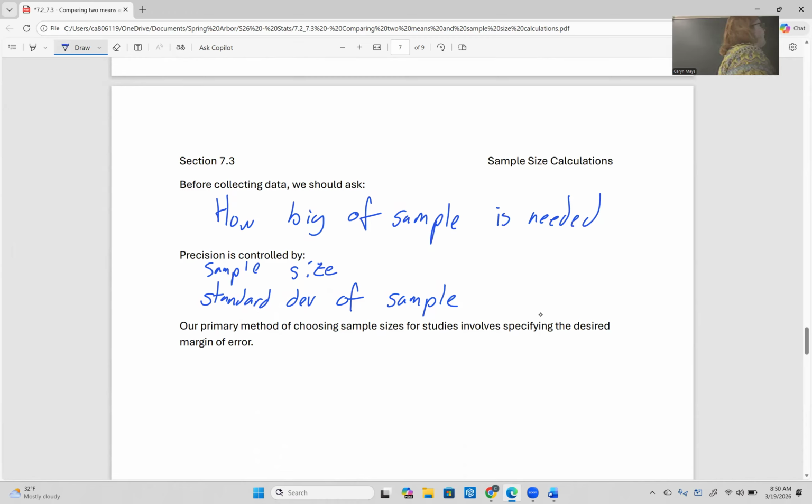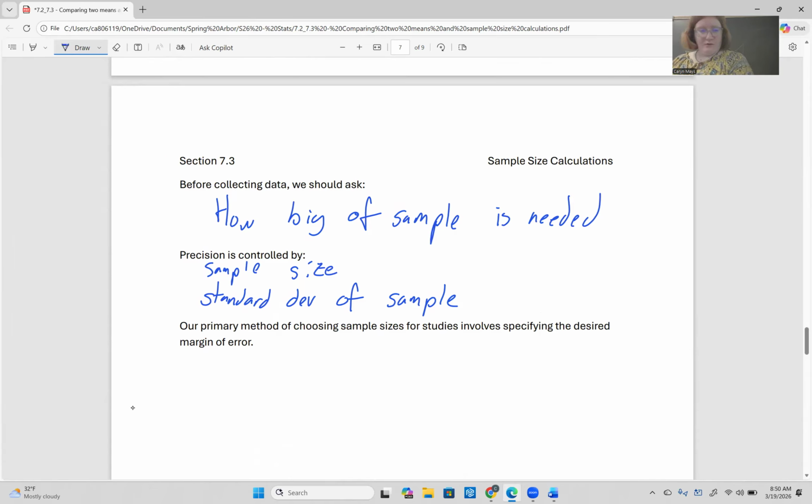And so our primary method when choosing a sample size, the thing we can control the most is our sample size. We would specify how big we want our margin of error to be.